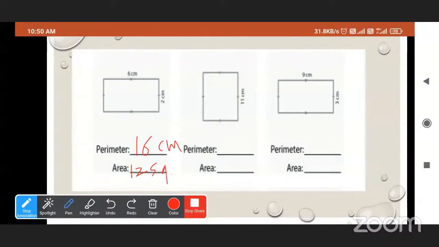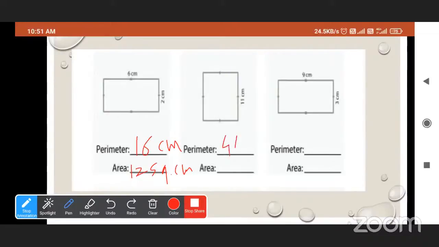Okay, good. Now here, this is a square, and one side is given, that is 11 centimeter. So tell me perimeter and area. Perimeter of square is 4 into length of side. So here the length of side is 11.